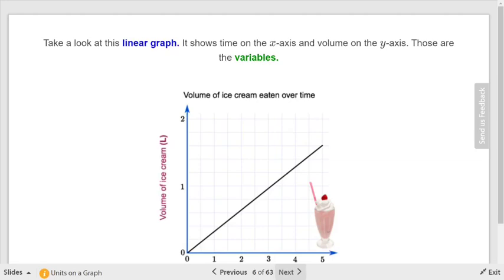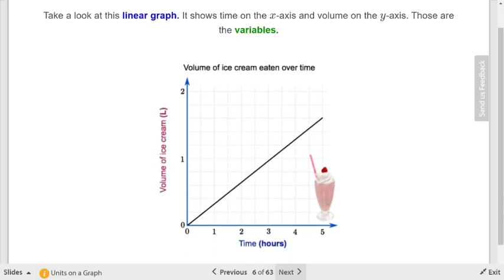So they can vary over time, or they can vary according to different units as well. So this one is the volume of ice cream eaten over time. So do you see at the bottom, we've got time in hours, and the line is going up. Positive. So it's positive, which means, and if you look at that, on the side, it's the volume of ice cream measured in liters. Okay? All right.